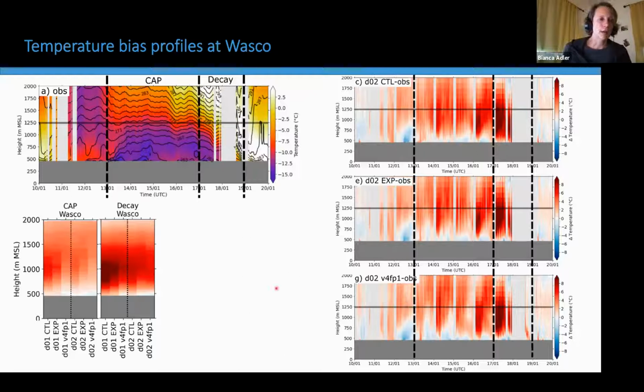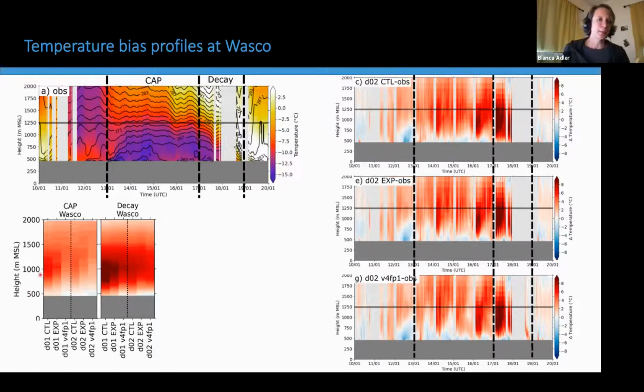So these are now time-height sections of this bias, with configurations using domain 1 to the left of this dashed-dotted line and configurations using domain 2 to the right. And you can see that by simply reducing the horizontal resolution, going from 3 kilometers to 750 meters, we already reduce our bias.